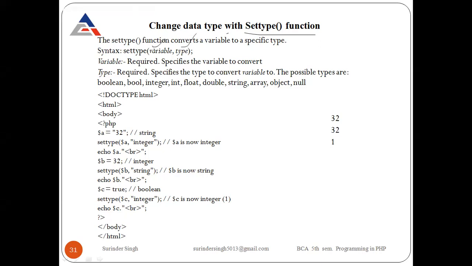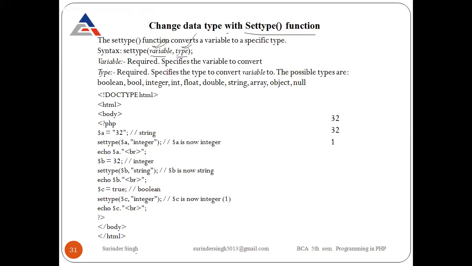One is the variable whose data type you want to change, and second is the type, the new data type you want to set.